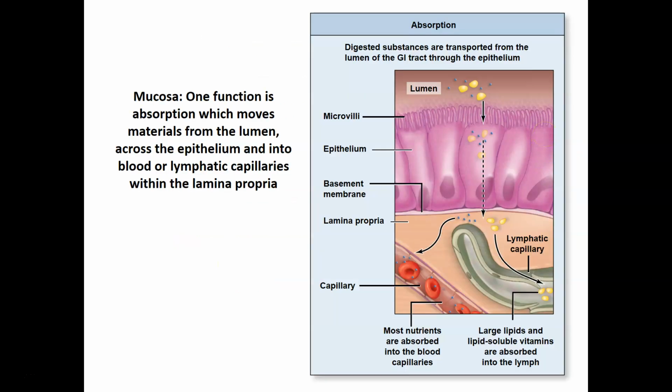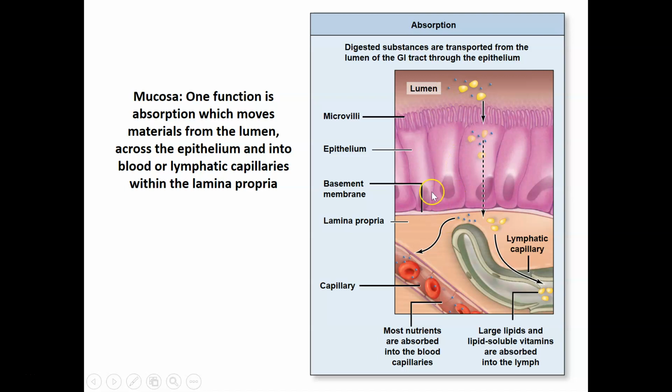This slide is illustrating one of the functions of the mucosal membrane, and here we're looking at the mucosal epithelium. And here are substances that have been digested and now are small enough to absorb. And these blobs could be any of the building blocks, for example, amino acids from protein digestion or fatty acids from lipid digestion. They are going to travel across the epithelium and enter into the lamina propria.